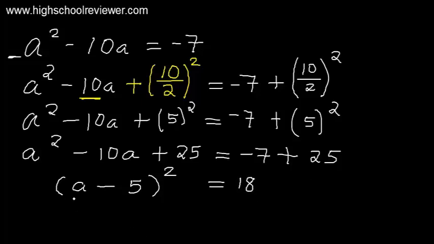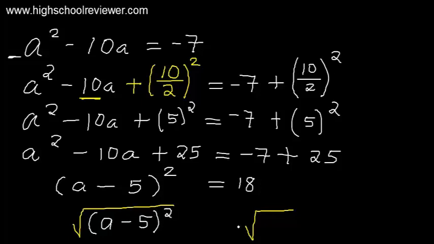Okay, so to get rid of the square, we need to get the square root of both sides. So we will have the square root on the left and the square root on the right. The square root of the quantity a minus 5 raised to the power of 2 equals the square root of 18.